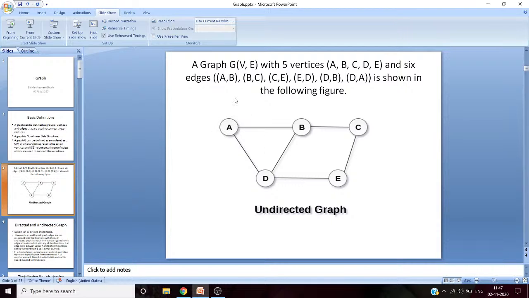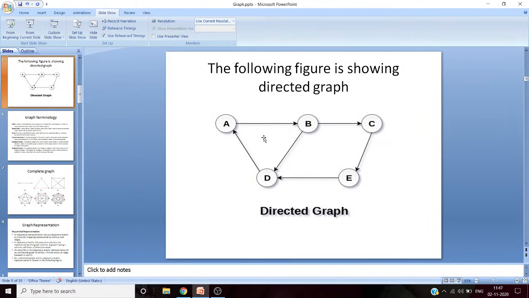But in case of a directed graph, we cannot use the same path like this. A to B, we have this edge A to B, and for B to A, we cannot go with this edge because this is directed. This arrow denotes the direction. It can only be used from A to B. This is why it is called a directed graph.